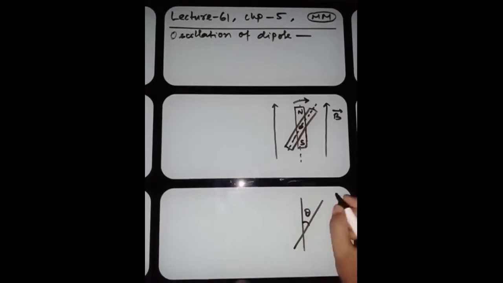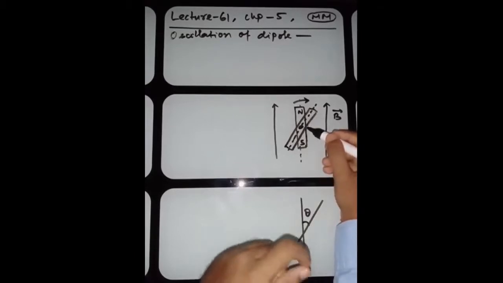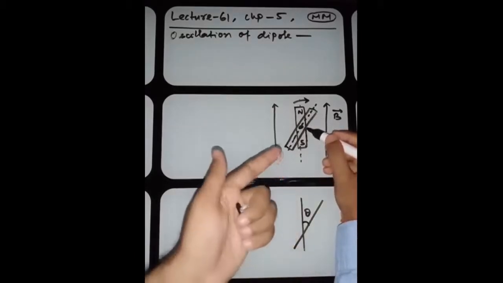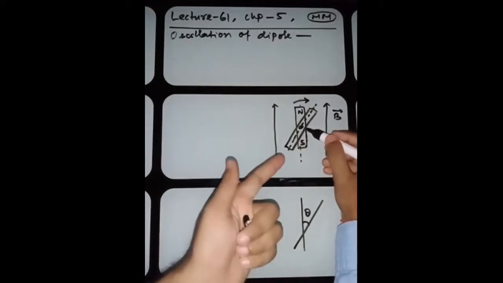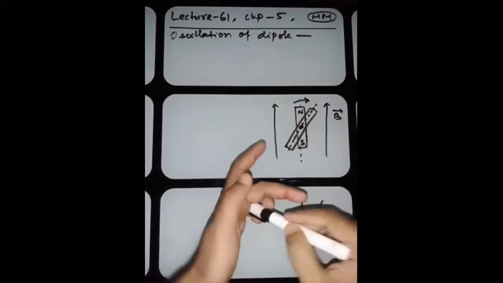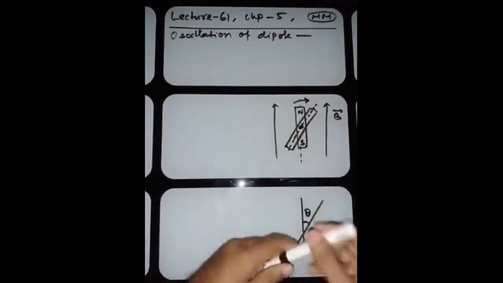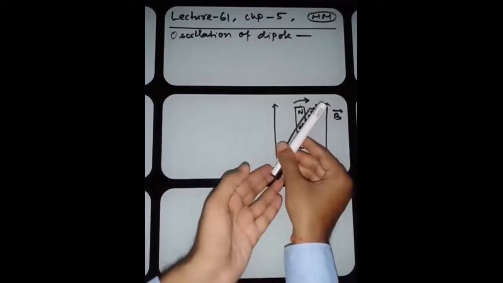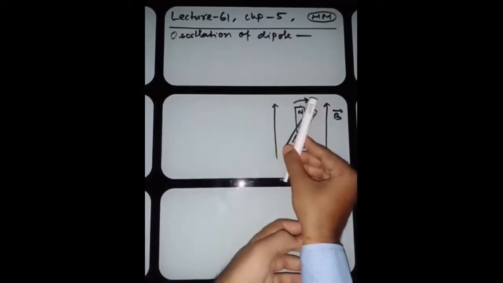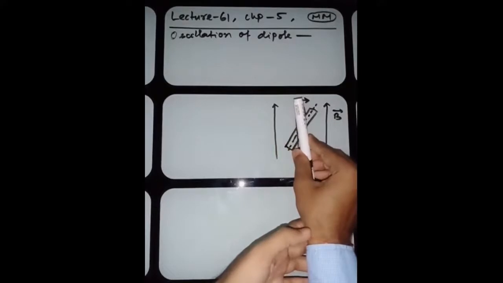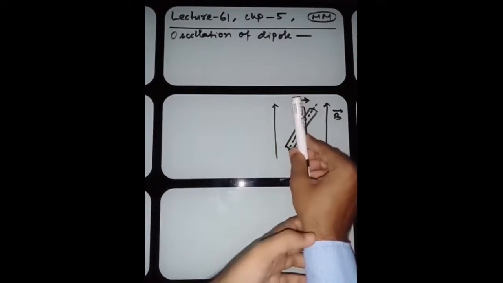Since this magnet has some moment of inertia, because it has mass, due to its inertia it will regain its actual position, suppose from here. But while going to the mean position, due to its inertia, it goes a little further.